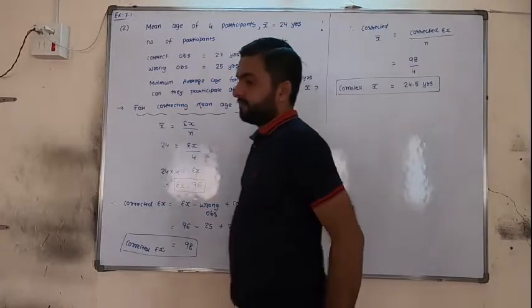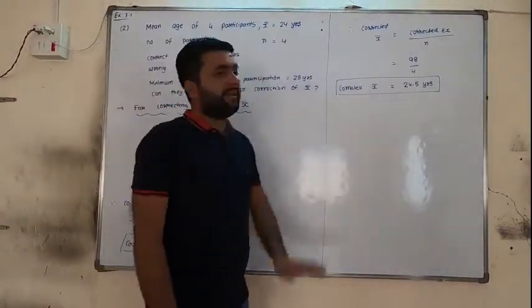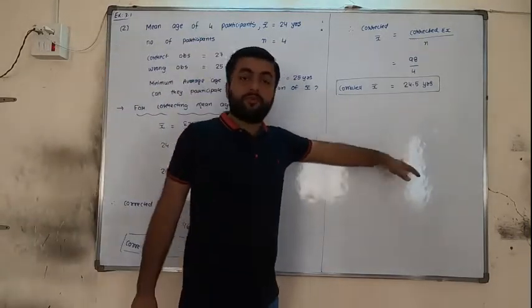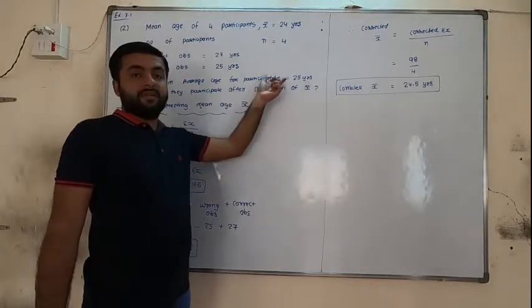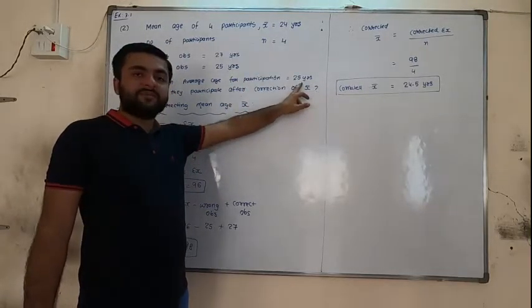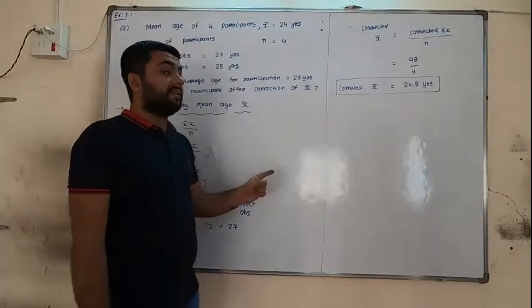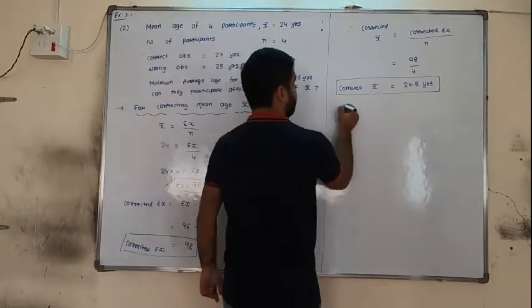Now friends, previously x bar, the average age, was 24. After correcting the observation, it is becoming 24.5. So what I said: minimum 25 years is required. If the average is less than 25, then we can participate. But if it is more than 25, then we cannot participate. Now we can participate.